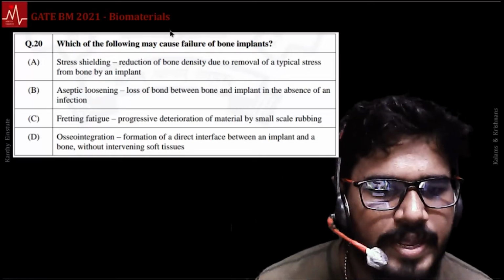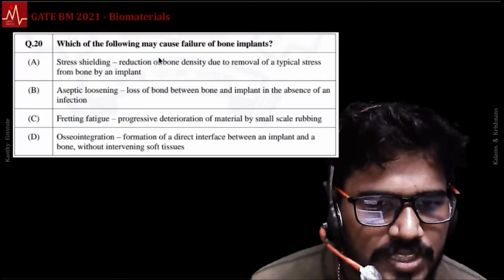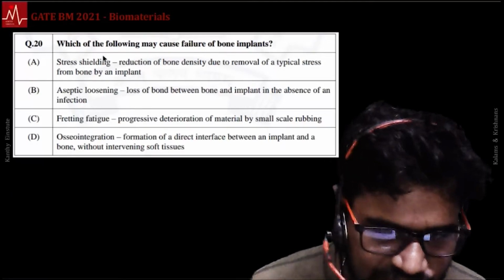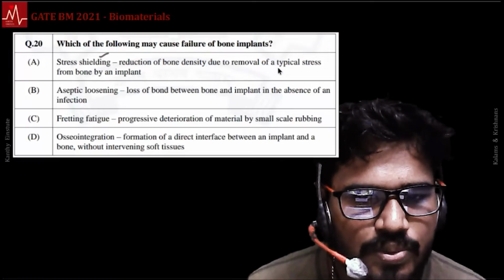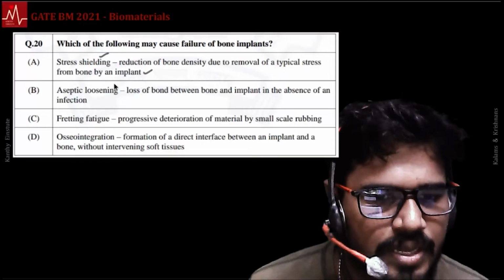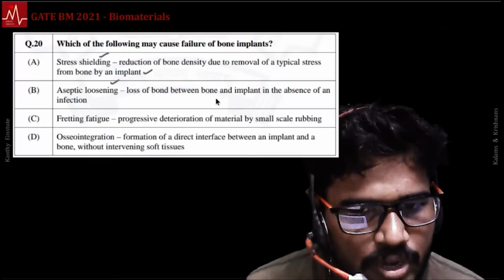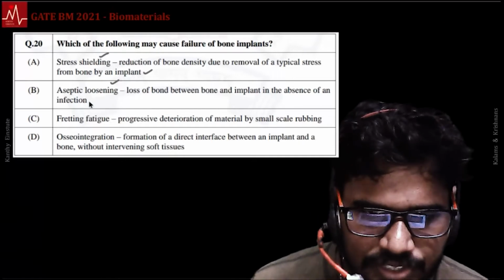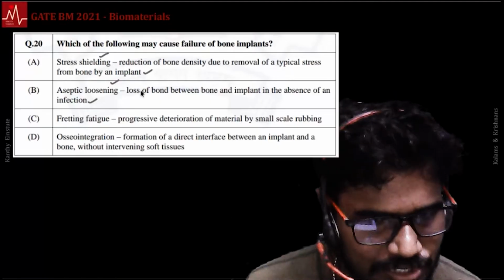They have really made your life easy by not mismatching the term and the definition. Stress shielding does mean reduction of bone density due to removal of typical stress from bone by an implant. Aseptic loosening does mean loss of bond between bone and implant in the absence of an infection. The term and the definition do match.